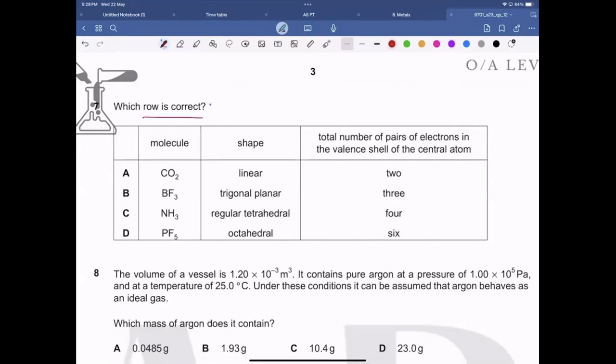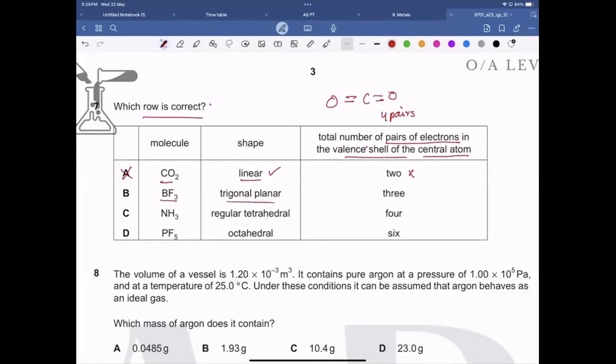Carbon dioxide, linear. Yes, very good. Carbon dioxide is linear in shape. Total number of pairs of electrons in the valence shell of the central atom: if you see, there is a double bond and there is a double bond. In actual, there are four pairs of electrons because there are four bonds, right? So this goes wrong, which makes A wrong.